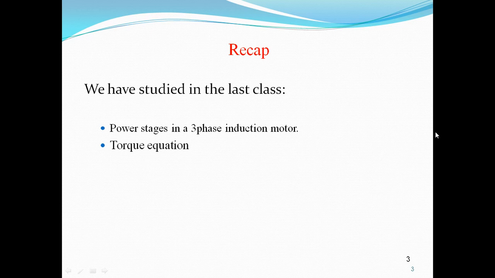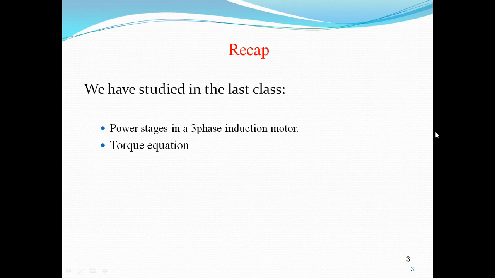If you see the working principle, when we give the three-phase supply to the stator winding, it produces a rotating magnetic field whose magnitude is equal to 1.5 times the maximum flux.